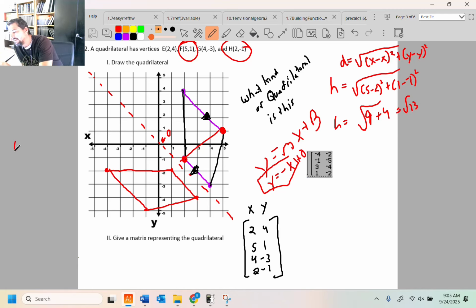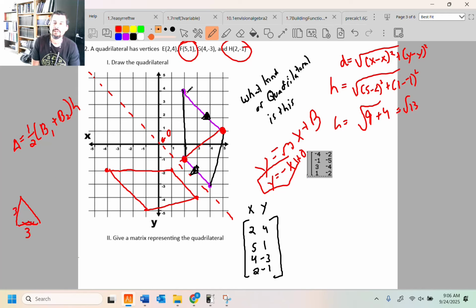Now, again, let me write down the formula again so you know where I'm thinking. I have the height. I need to know these base lengths. Like how far is this guy, and how far is this guy? So yeah, you can use distance formula. I'm also a big fan of triangles. I'm a geometry person. 3, 3. And you know, you go to one of the oldest theorems we have, a squared plus b squared equals c squared. And that is a right triangle, the way I selected the points.